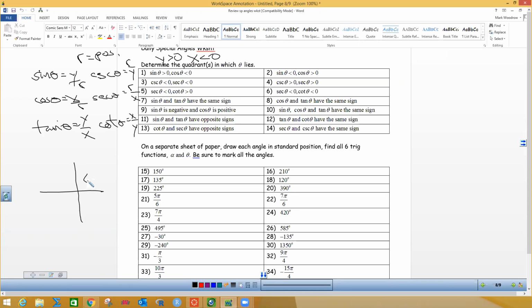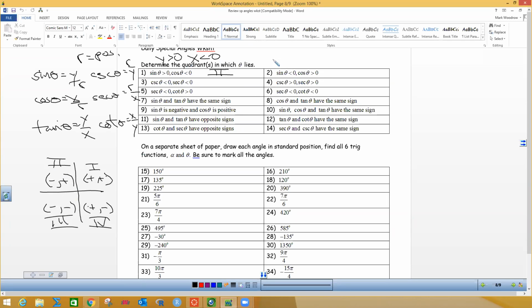Well, these are the signs of the x and the y in different quadrants, 1 through 4. Quadrant 1, quadrant 2, quadrant 3, and quadrant 4. We want to know where's x negative and y positive. Well, x is negative in these two, and y is positive up here, so this is quadrant 2.